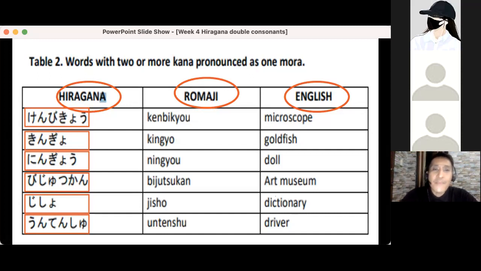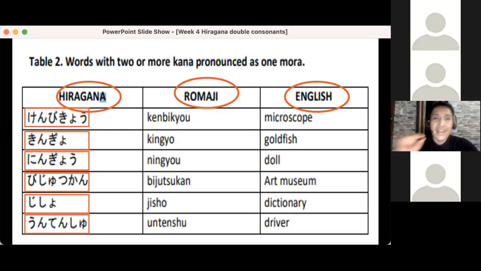Halimbawa, kenbikyo. Okay? Kingyo, wala siyang prolong. Ningyo. Bijutsukan. Jisho. Untenshu. Okay?